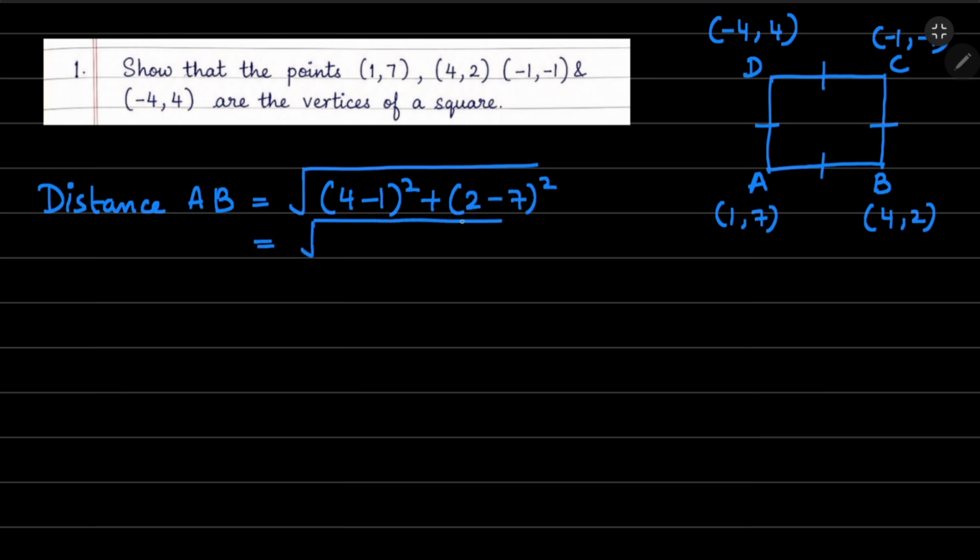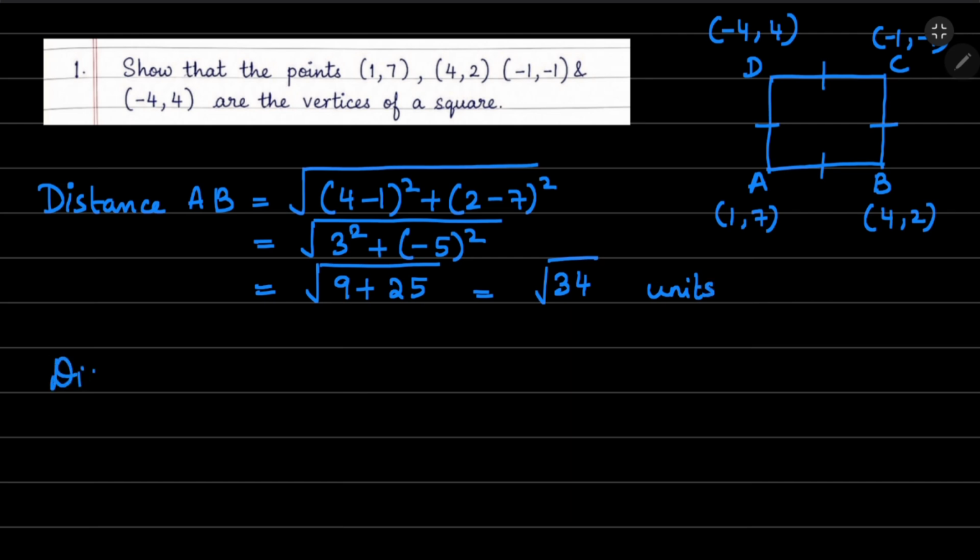So, root of 4 minus 1 is 3 square plus 2 minus 7 is minus 5 the whole square. So, root of 9 plus 25, which is root of 34. So this is what you are getting as the distance between A and B.